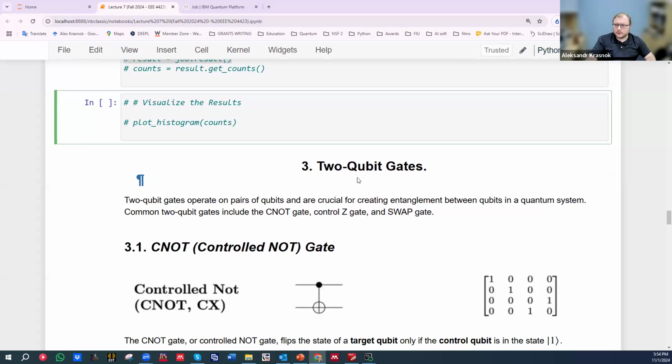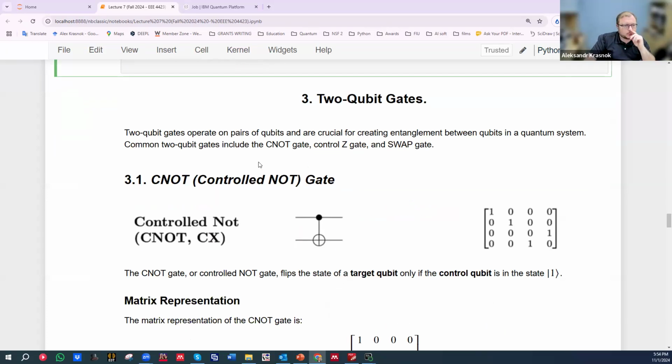Okay. So if not, then let us continue and discuss two-qubit gates. So, a very important part, right? Two-qubit gates are applied to two qubits. So simple.